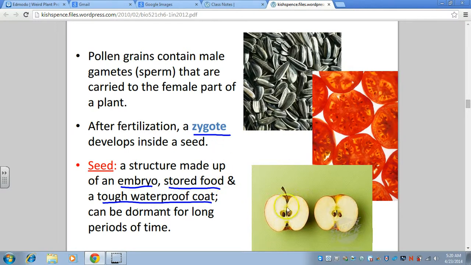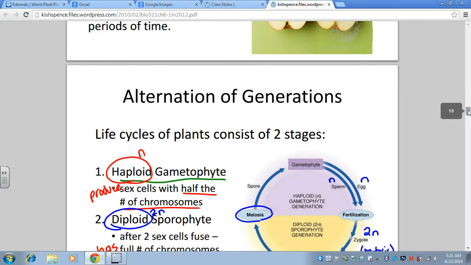So the seeds, like what we see in an apple or in a tomato or in sunflower seeds, they contain an embryo, stored food, and a tough waterproof coat that will allow them to be dormant until conditions are just right. And the conditions have to be just right. That's why, like I said in class, we don't tend to grow apple trees in our bellies when we eat them.